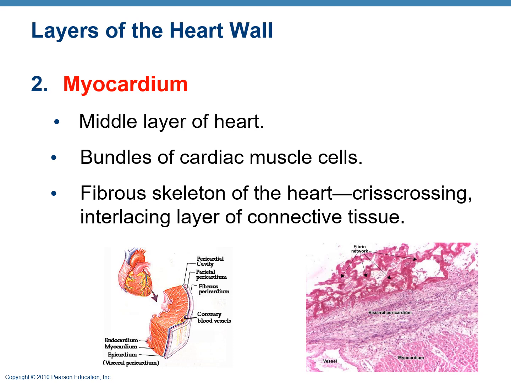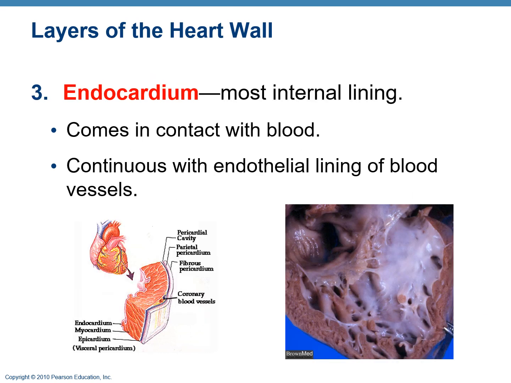So it's that interlacing, irregular connective tissue that gives the heart the ability to stay together despite having to beat constantly throughout our life. And then most internal is the endocardium, which is the layer of the heart that comes in contact with the blood and actually continues on to become the endothelial lining of the blood vessels.